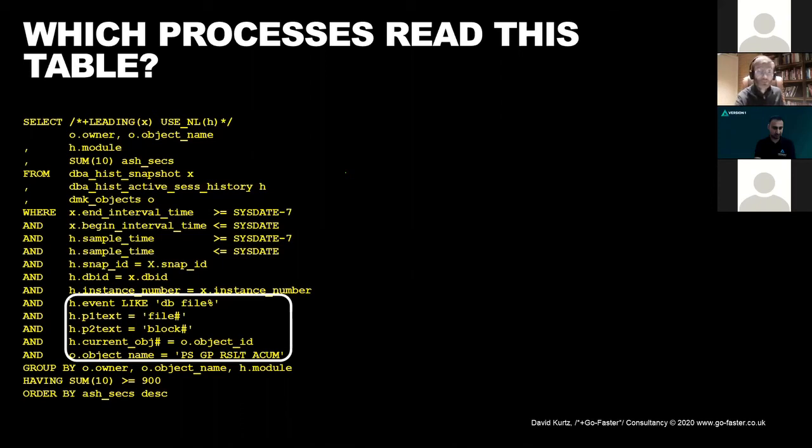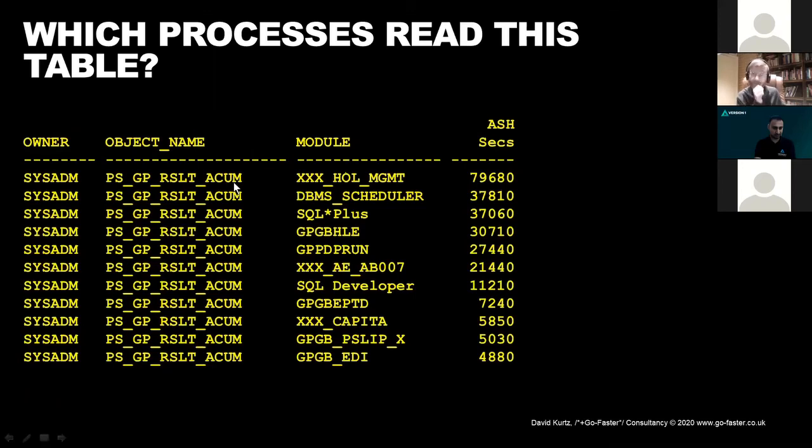This is a composite partition table, by the way, so we have to join all of the subpartitions. And I'll group it by module. We had instrumented our application, so we also had module in our ASH data. And now I get a profile of access of GP result queue by process.